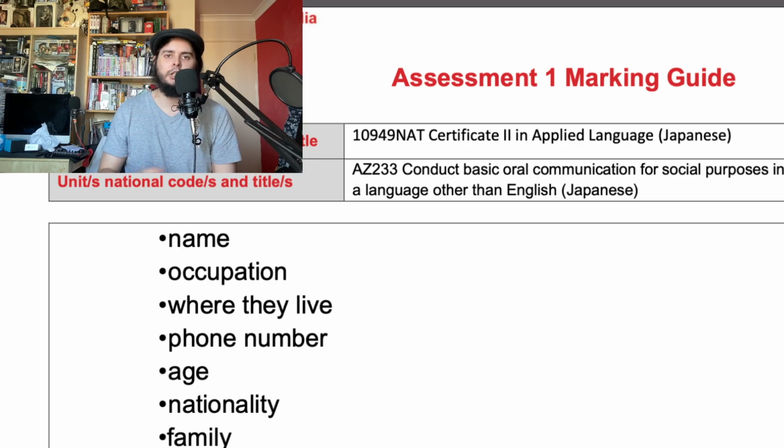But for my age, I would be 24. And as for my nationality, I think the correct way I would say this would be watashi wa Australia jin desu, for I am Australian.